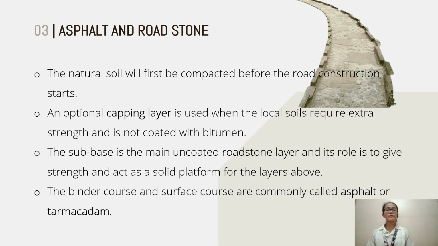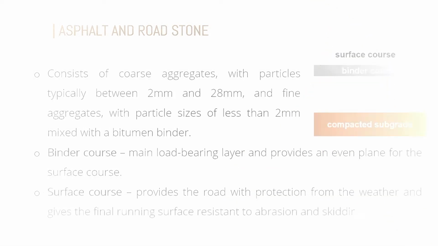So these aggregates will be mixed with bitumen binder, and occasionally, if required, some additional filler. And the exact sizes required for coarse aggregates will depend on the particular use and the asphalt recipe specified.